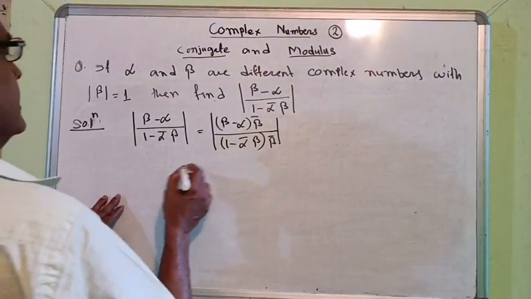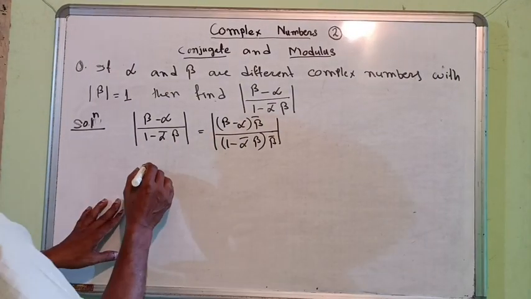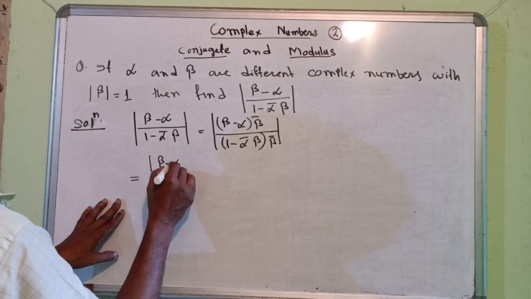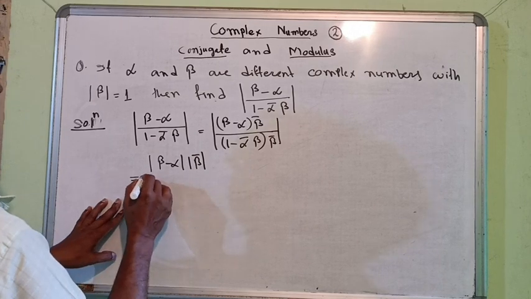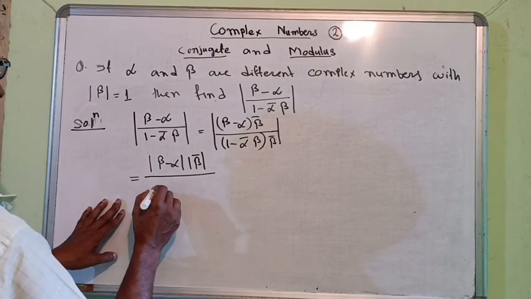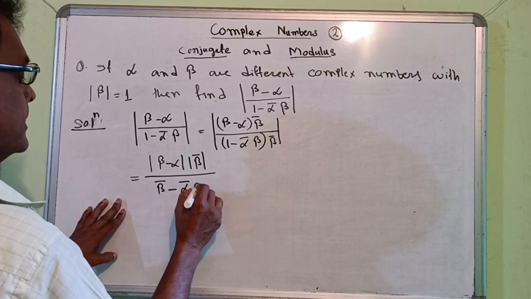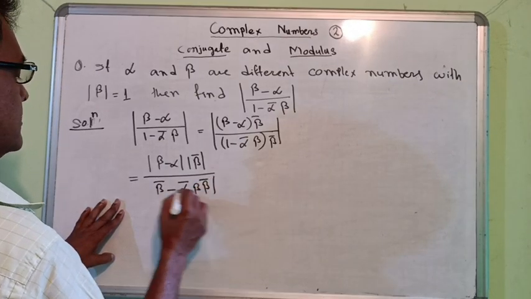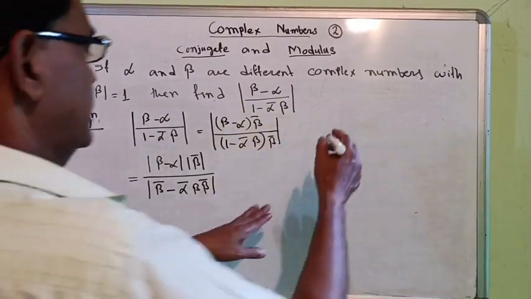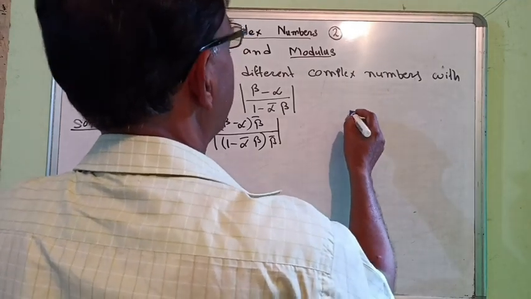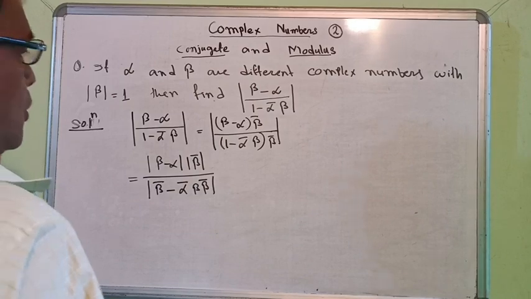After this we get mod of beta minus alpha into beta bar divided by beta bar minus alpha bar beta beta bar.